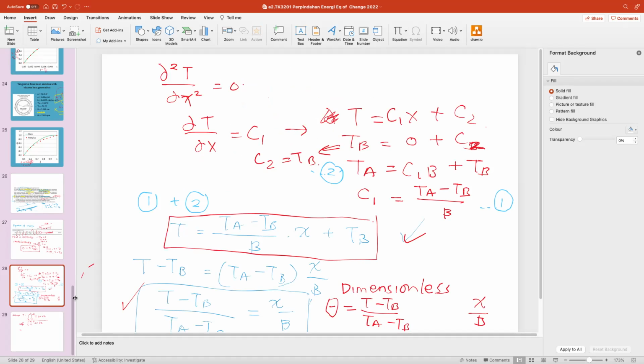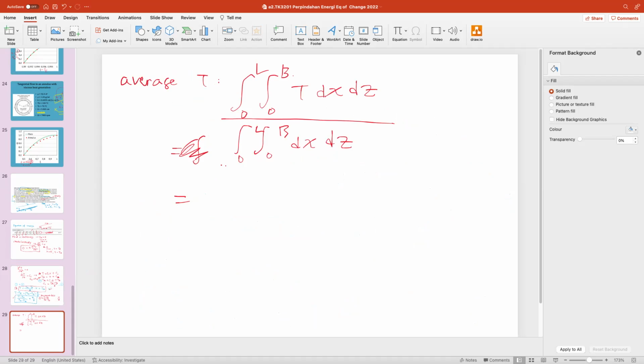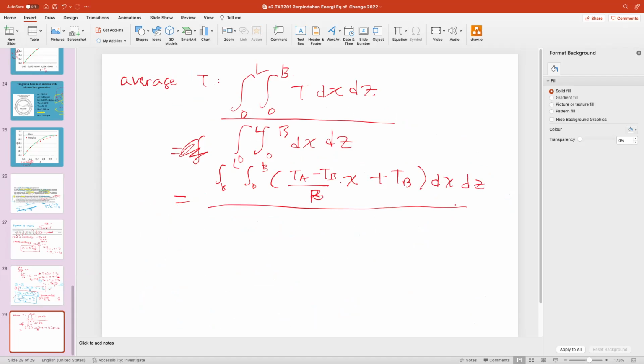So let's say this is number 3. Let's substitute the 3. So this is 0 to L and 0 to b of T equal to (TA minus TB) divided by b multiplied by x plus TB, dx dz, divided by that one.